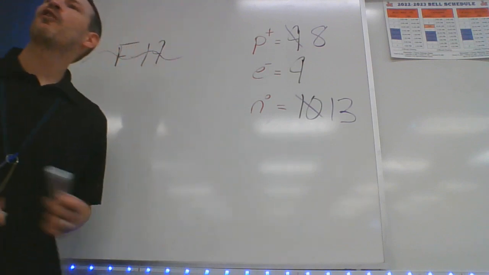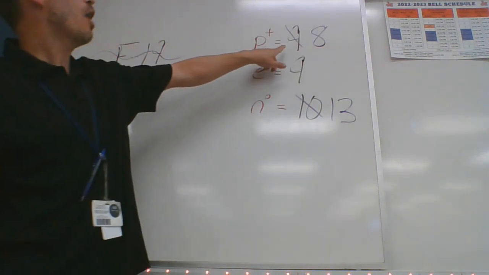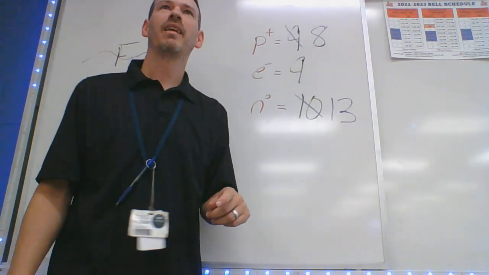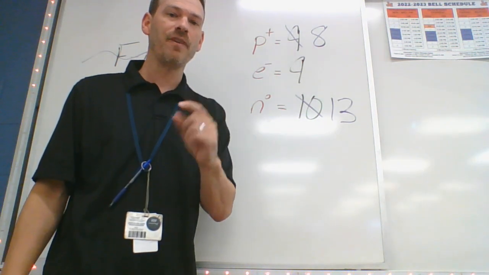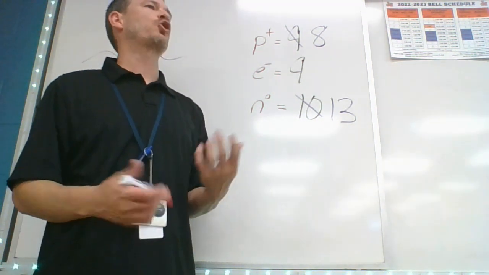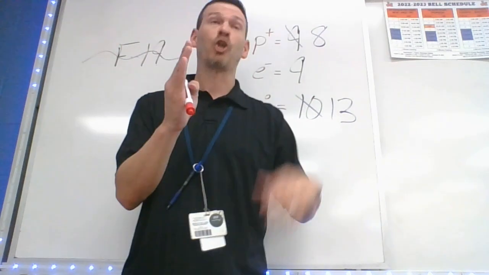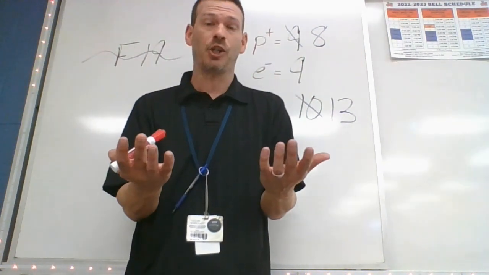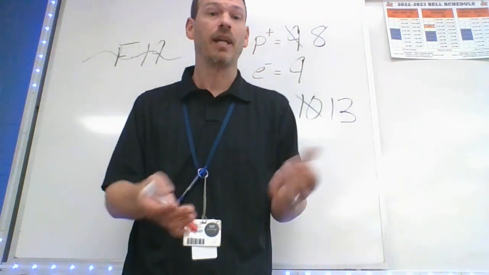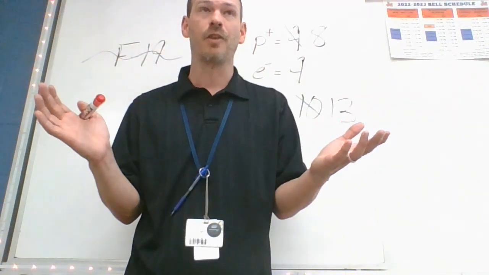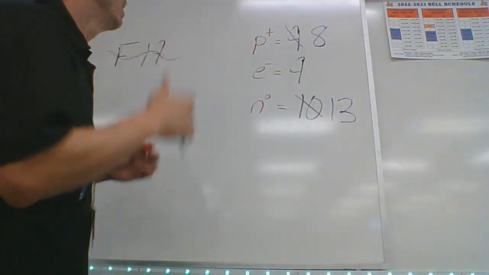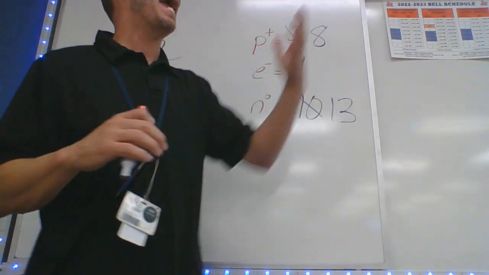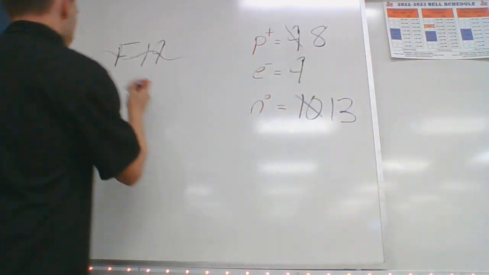All right, so there's the first idea. Do you see how the protons changed? Protons give identity. We call this transmutation. Whenever one element turns into another element, it happens in nature, right? Radioactivity, that's what's happening, is elements just flat out turning into other elements. It's cool. But now we are element 8. What is element 8? He's oxygen.